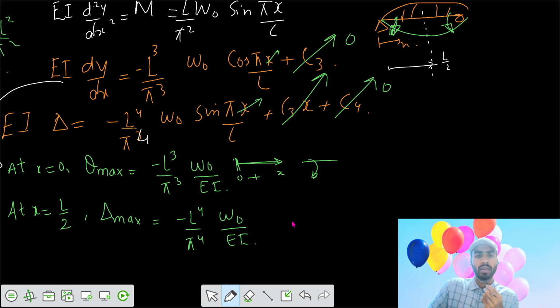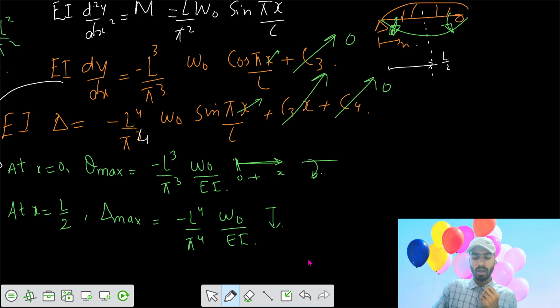Negative means deflection is downwards, and it's a clockwise rotation. Checking the result, W L cube by pi cube, yes, and L to the power 4 by pi to the power 4, yes, correct.